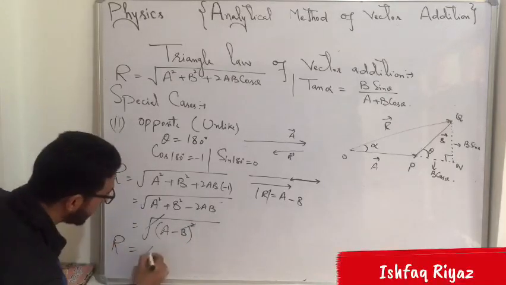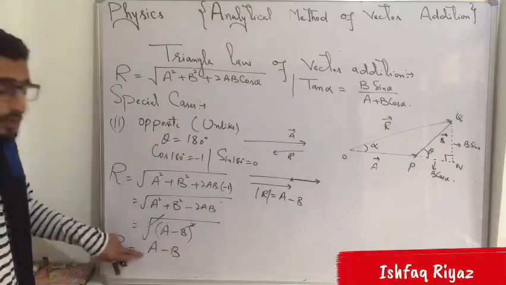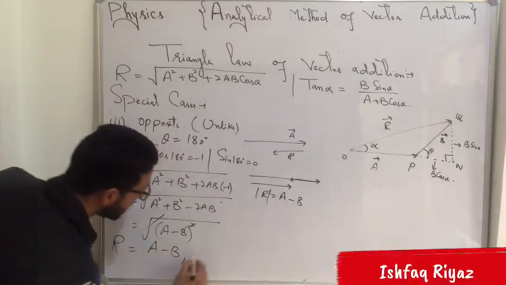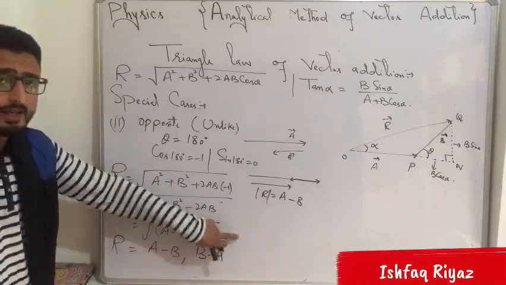So R will be equal to A minus B if A is greater than B, because the magnitude of a vector is always positive. Or you can write R is equal to B minus A if B is greater than A. Right?